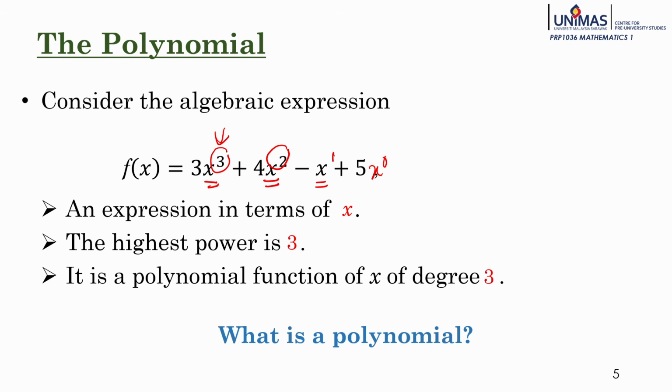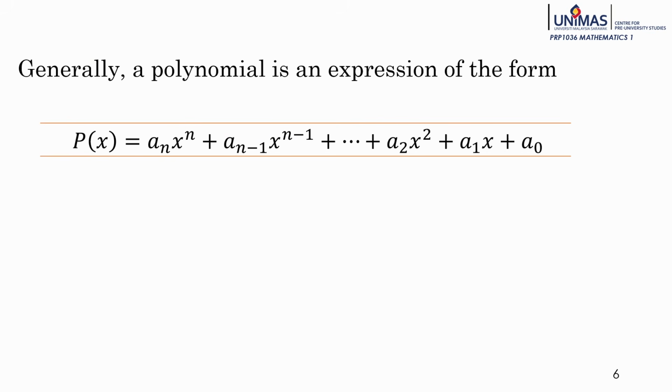So what is a polynomial? Generally, a polynomial is an expression of the form p(x) equal to a_n x to the power of n plus a_(n-1) x to the power of n minus 1 plus and so on, and the last one is a_0, which means a constant number, for example 5. Then a_1 x, and also a_2 x to the power of 2.